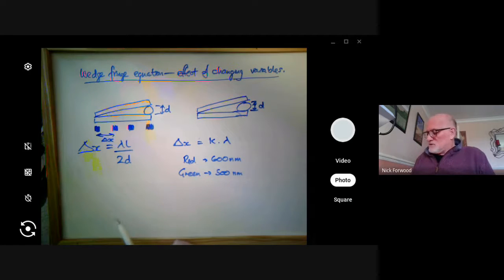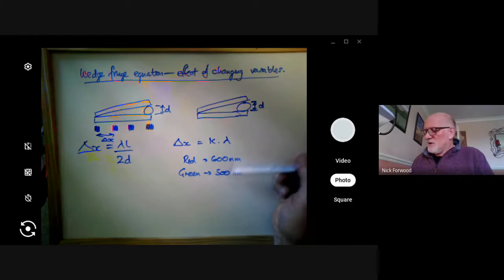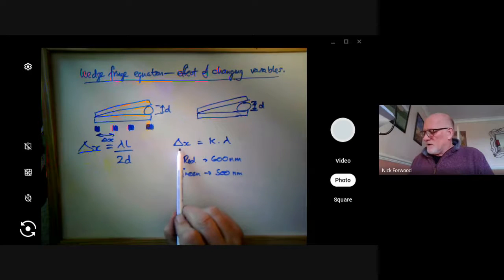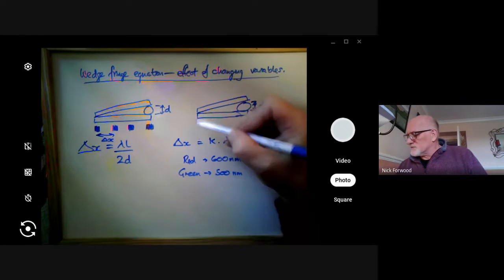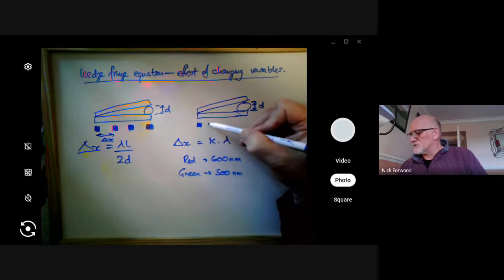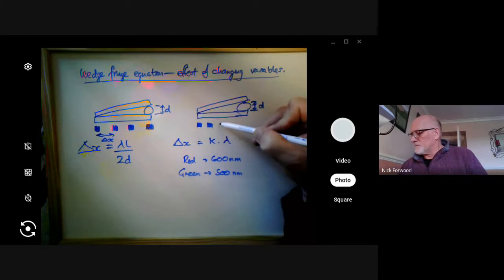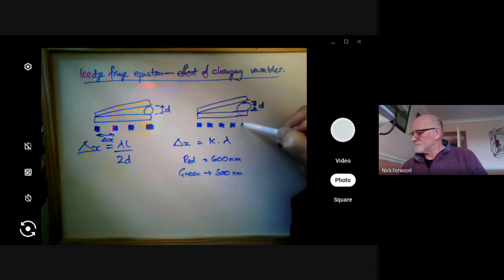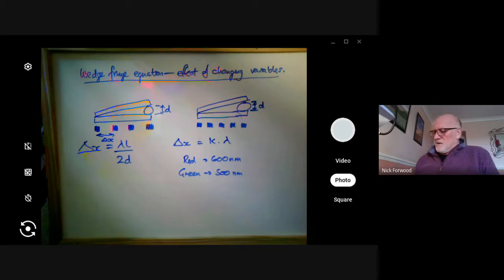So as you go from red to green to blue, making the wavelength smaller and smaller, the fringe spacing will become less. So you'll still see fringes quite wide, but you'll see them closer together like that.